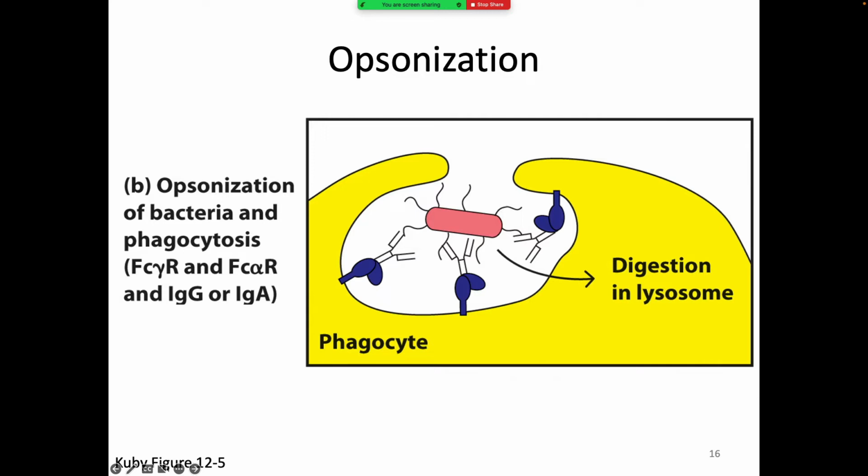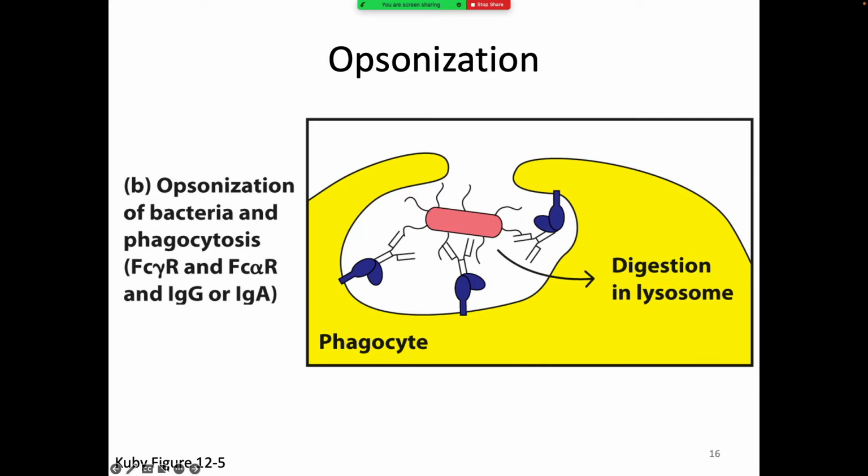My analogy was that it was like butter. It's putting a coating on something to make it more tasty and more likely to get eaten. And we saw opsonization before in that complement could opsonize things. So if you put a coating of complement on something, that makes that thing more likely to get eaten. It turns out that antibodies also can opsonize.